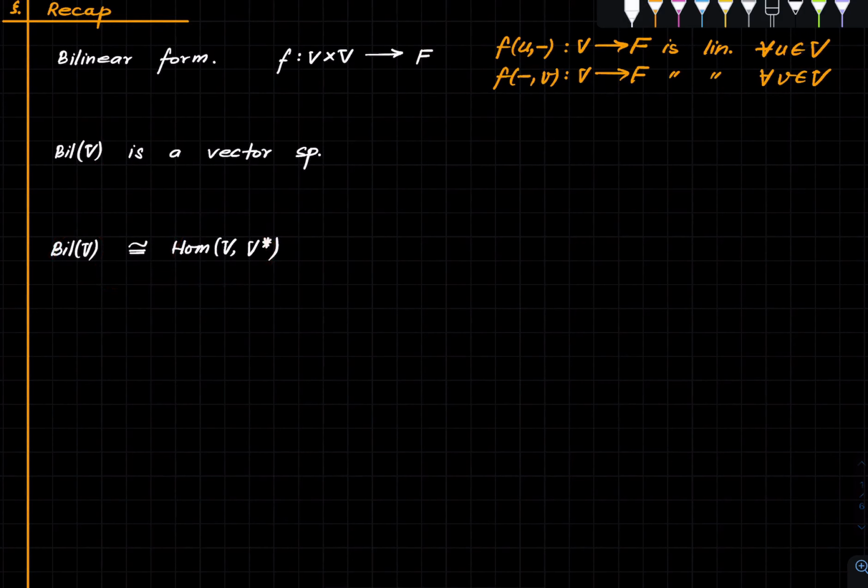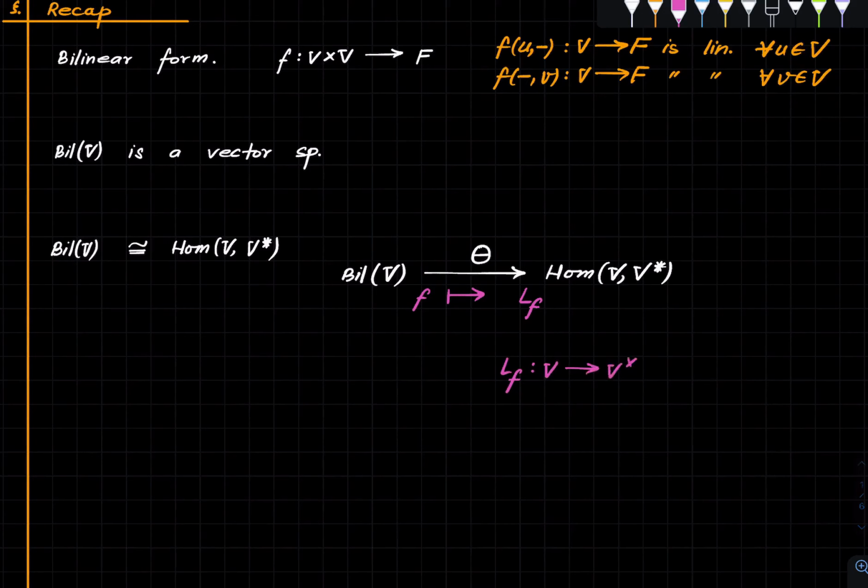One direction of the map, the map from this to that, which we wrote as capital theta, was F going to LF. And now what was LF? So LF is a map from V to V star, of course. What does it do? It takes U to F(U, blank). So that's what LF is.